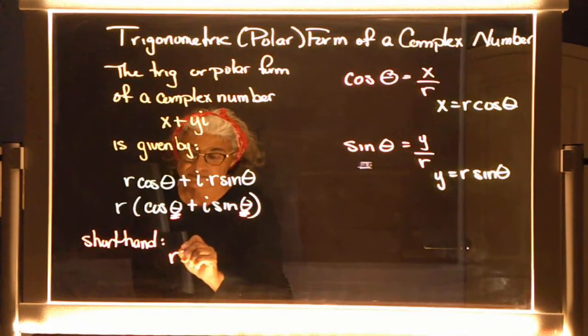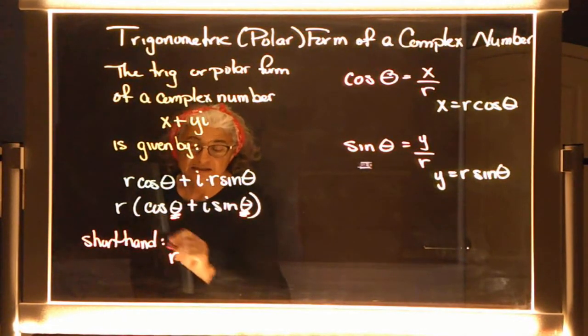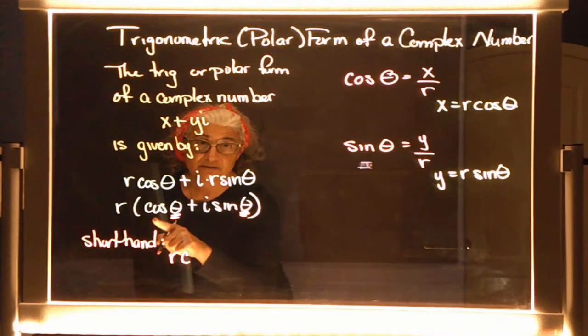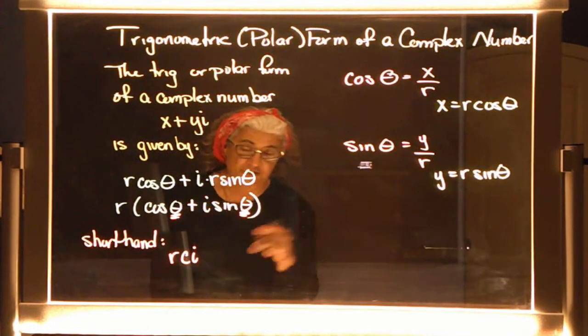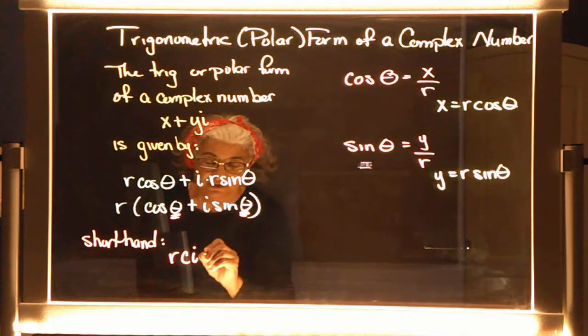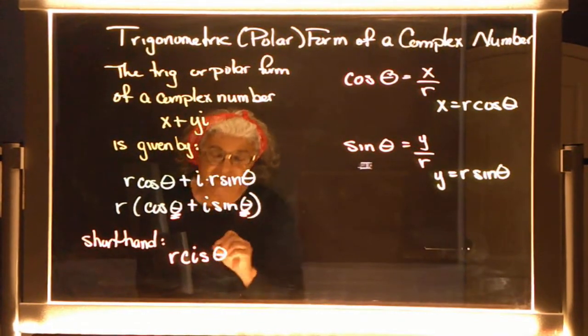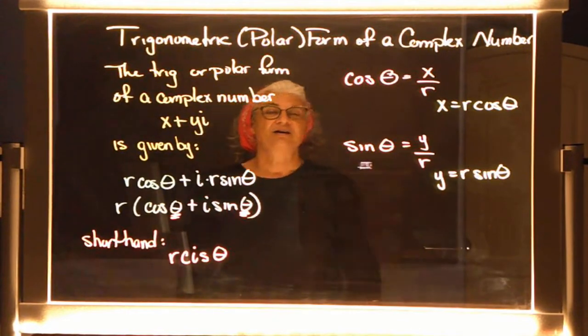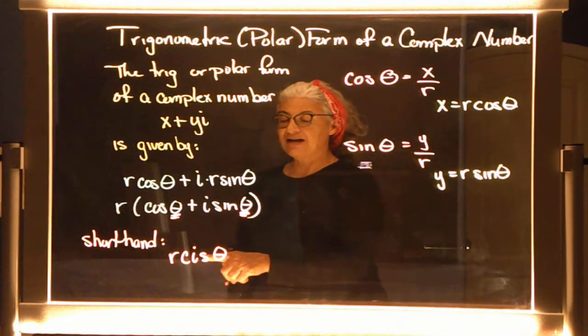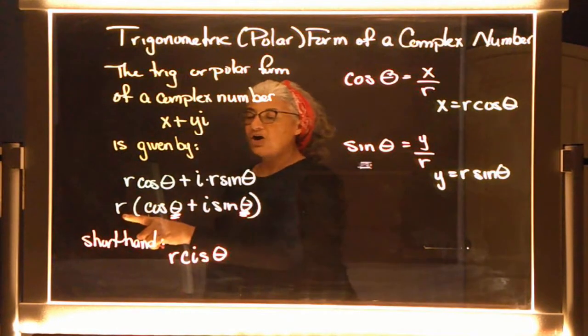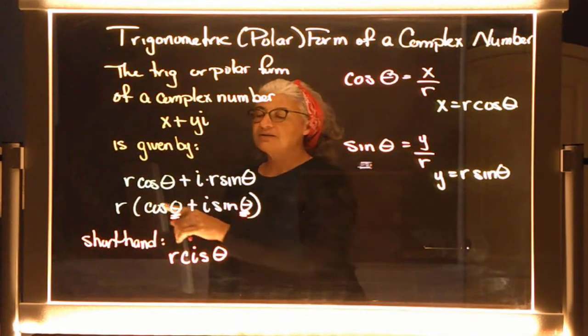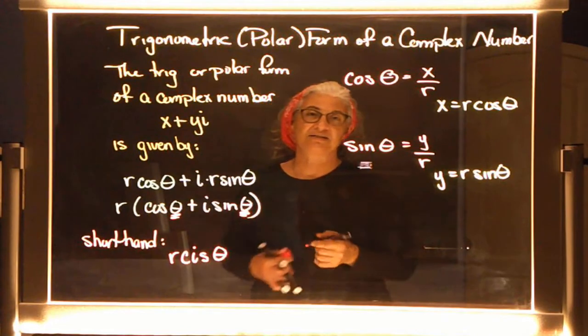R, C for cosine, I for the imaginary, S for sine, and then theta. So r cis theta is the shorthand for writing r times the quantity, cosine theta plus i sine theta.